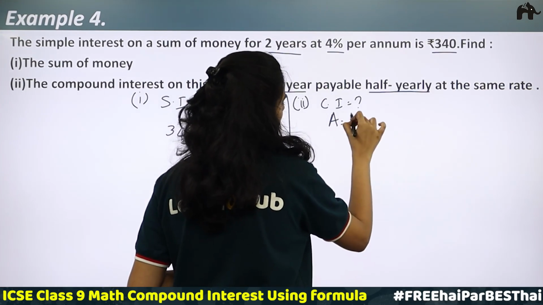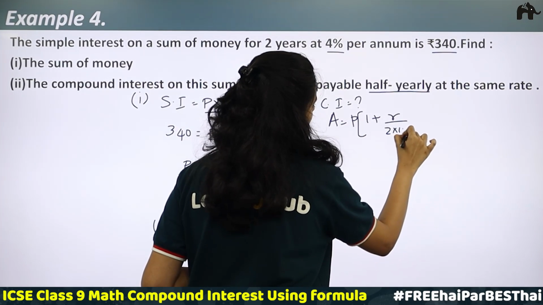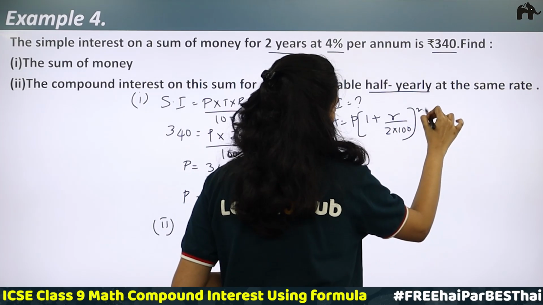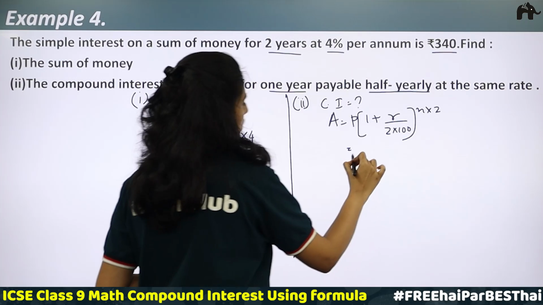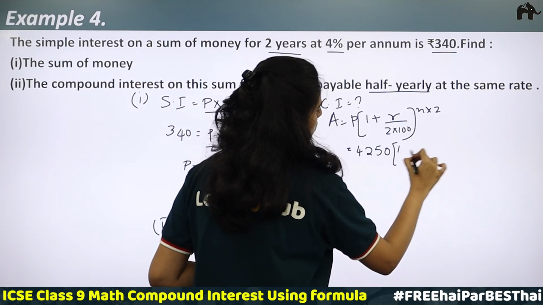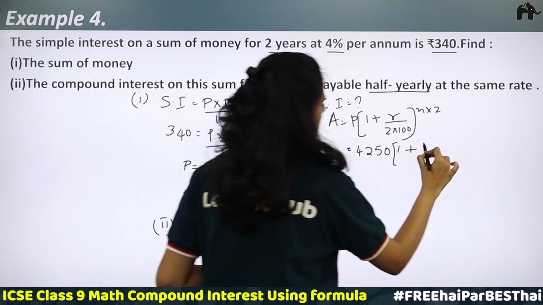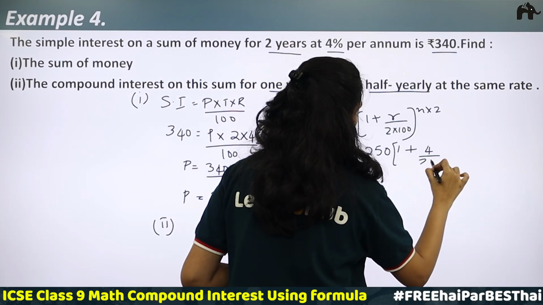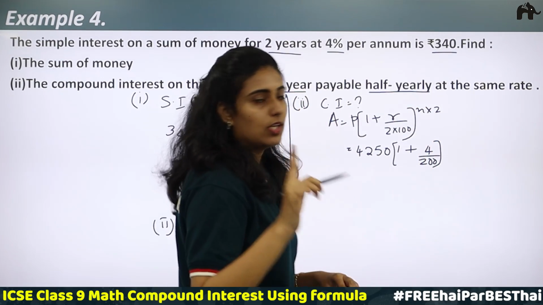Amount is equal to P into (1 plus R by 2 into 100) whole raised to N into 2, which is equal to P is 4250 into (1 plus rate of interest is 4%, 4 by 200) raised to N. N is equal to 1.